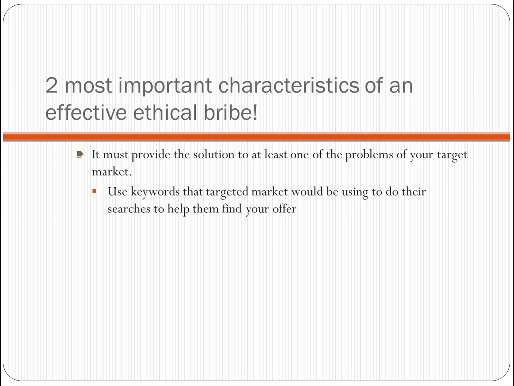So you can use those keywords in the domain names, in the content, in your SEO to get them there, because they're going to be typing in certain keywords, and you need to use the Google Keyword Tool, basically, to find out what kind of keywords they're searching for, and to get them to your product. So use keywords to do that.